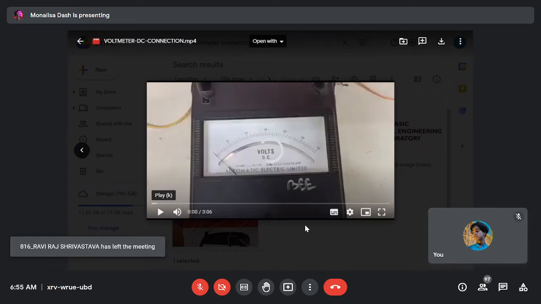Actually, madam showed the connection part, that's why I'm showing the connection directly. If they want, then I'm showing the terminals; madam had already explained them. I was thinking that we can show them MI type, MC type, where it is used in AC and DC.